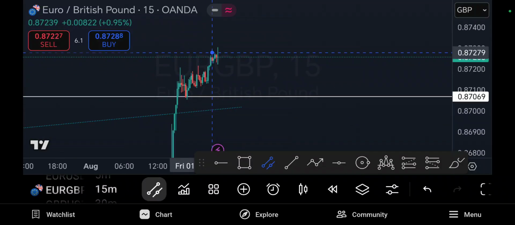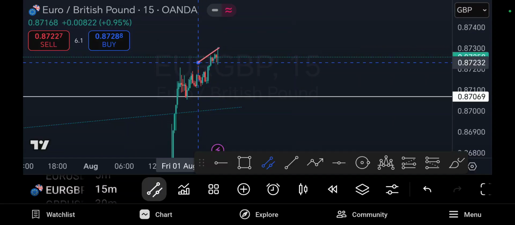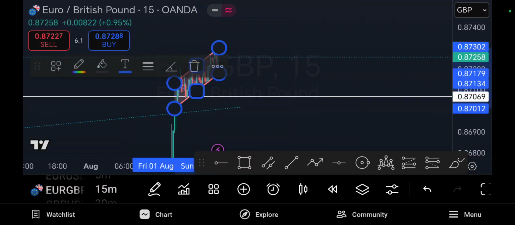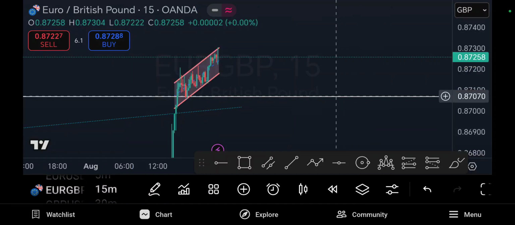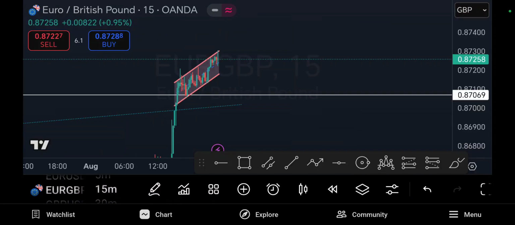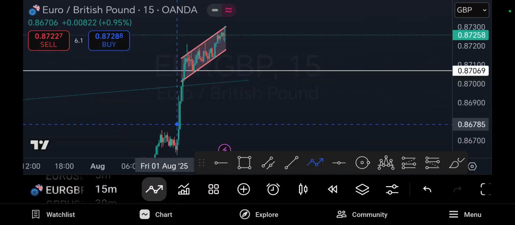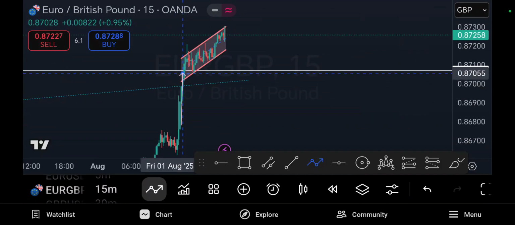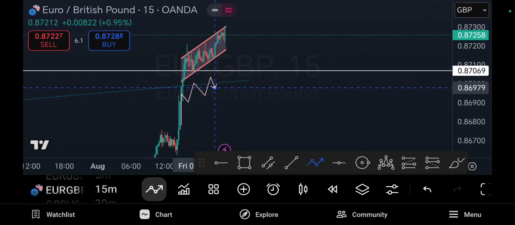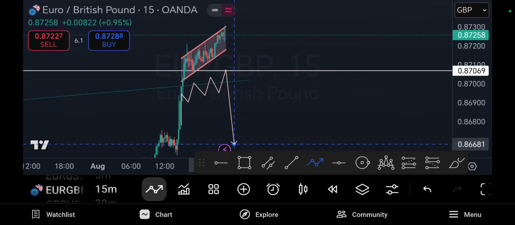This correction pattern is still as strong as if it was below this zone. What I mean is, if Euro GBP came like this and started consolidating to the upside and touched it, it would have dropped, right?